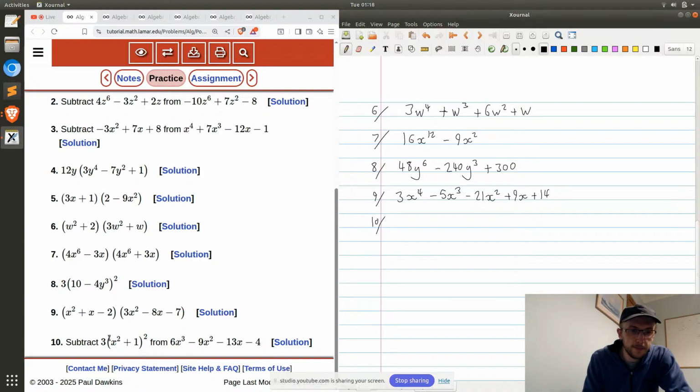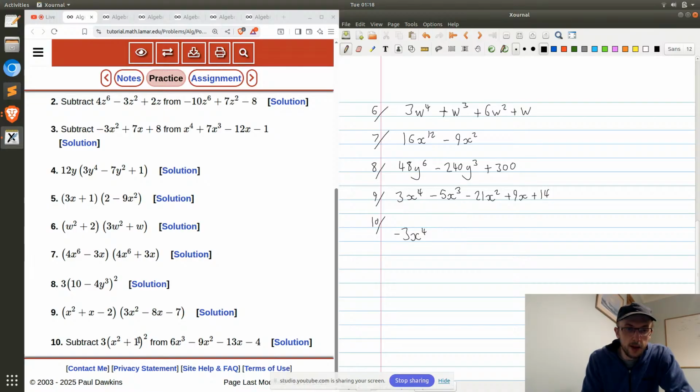And next, we are to square this out, then triple it, and then subtract it from that. So, can I do this mentally without mistakes? We'll see. So first, when I square this out, I'm going to have x squared, which is x to the 4. And I triple that and I get 3x to the 4. So that will be my leading term.